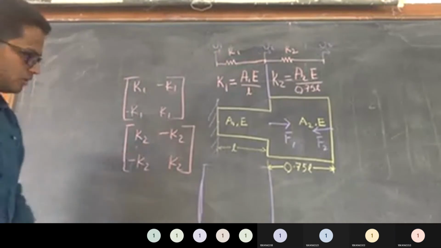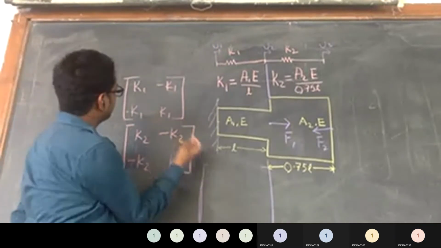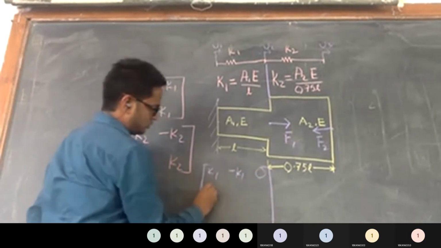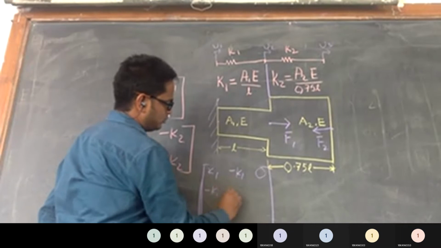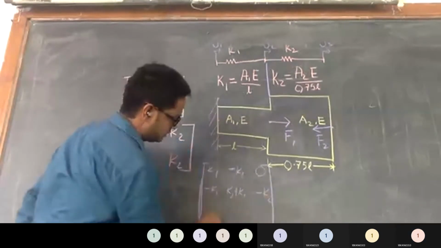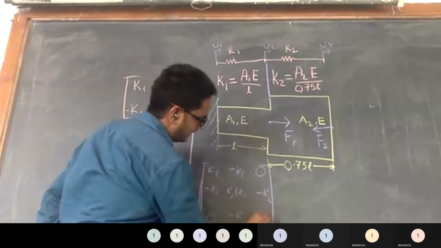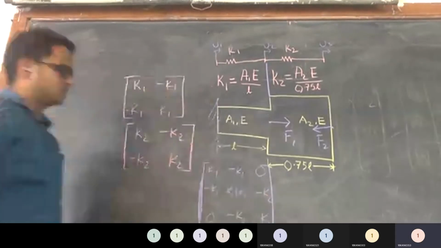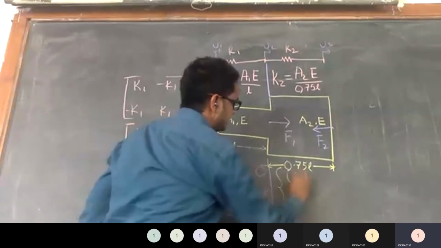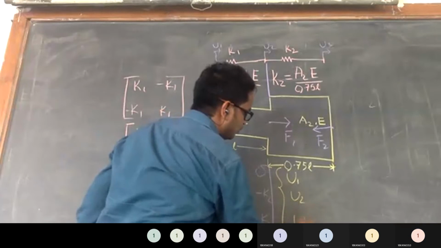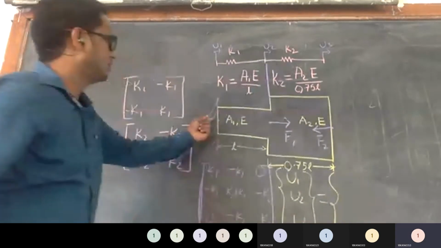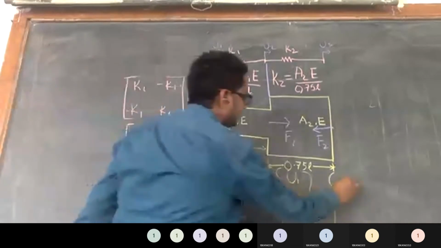So you can write your global stiffness matrix as K1, minus K1, 0; minus K1, K2 plus K1, minus K2; 0, minus K2, K2. Then you can write your displacement matrix U1, U2, U3 equal to your load matrix, where the reaction force will be acting.